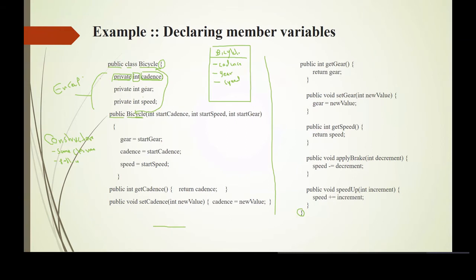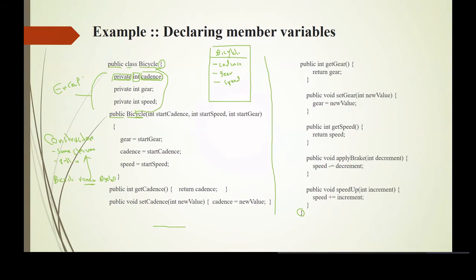Because when you take an instance from the class, you will write the name of the class, bicycle x equals new bicycle. If you want to use new, you need to have a constructor for the class, and the constructor should be public.